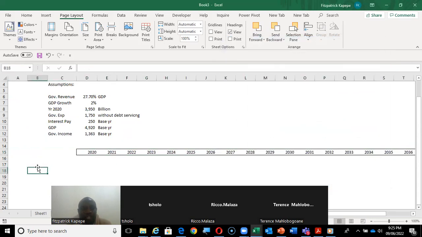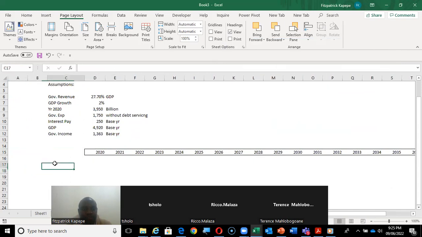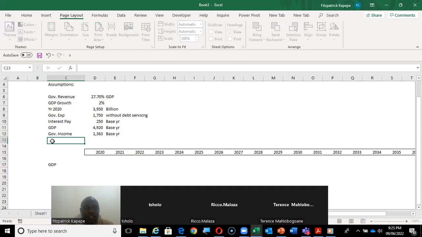So let's give it a try. Shouldn't be a problem. So let's start with our GDP. Our GDP, here on top, I'm going to show as billions. Billion rands.